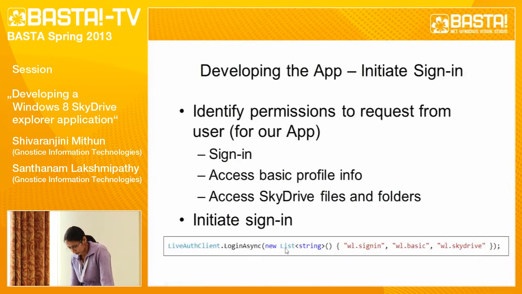To this method we are passing wl.signin. This is to enable single sign-on capability for our application. The next is wl.basic. This is to access the user's basic profile details. And the last one is wl.skydrive. This corresponds to accessing SkyDrive files and folders.